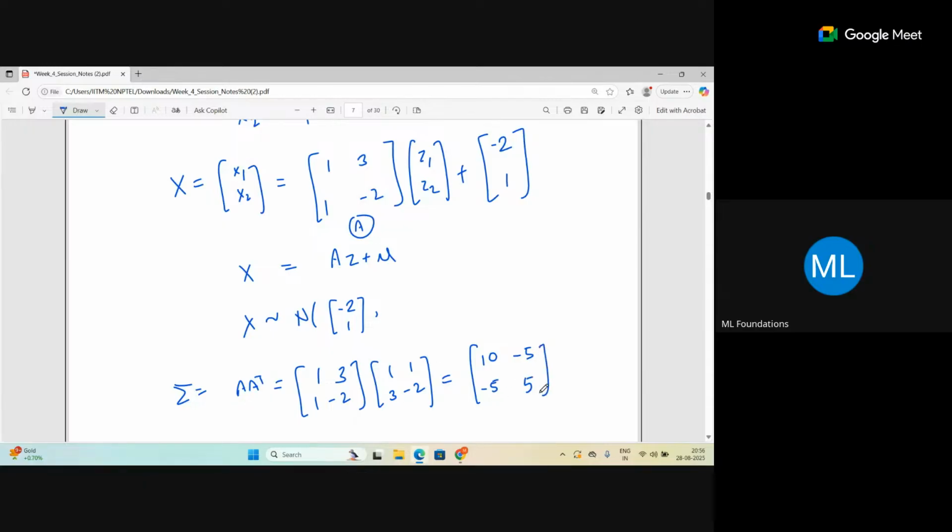It is a symmetric matrix, so the covariance matrix is 10, minus 5, minus 5, 5. That is your answer. So the distribution of x is this. Is that all right? Any issues?